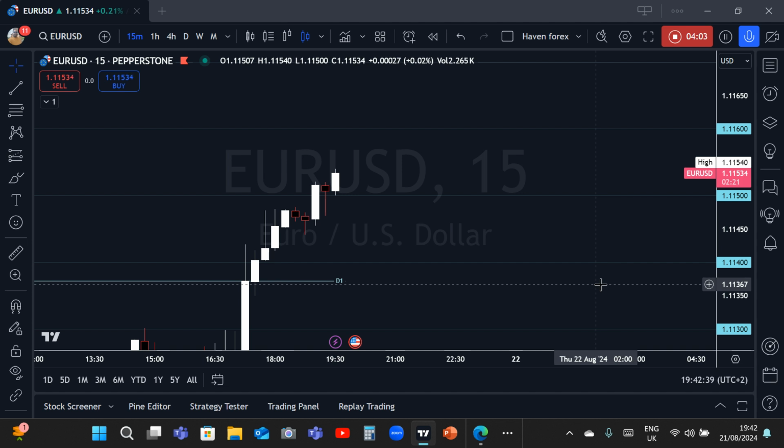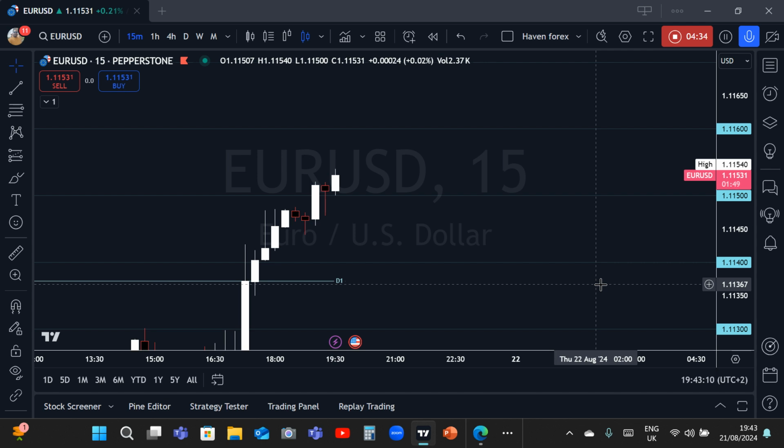And again, it helps we traders to identify when the market is overbought and when the market is oversold. The RSI helps us to denote anytime the market is overbought or anytime the market is oversold.